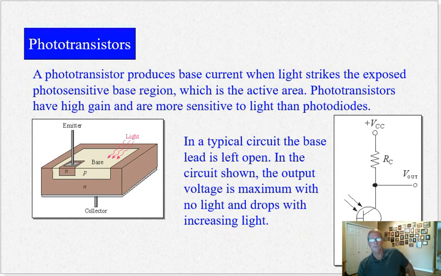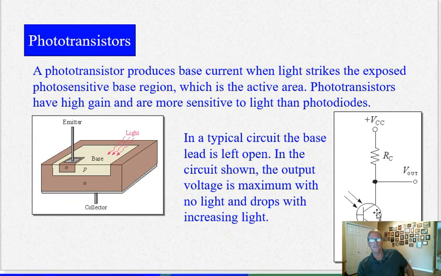Okay, so no light, we're basically in cutoff, and when there is light, we're basically in saturation. Okay, you can use these in linear applications, but not as often. Usually they're used in optocouplers. I think that's the next slide here.